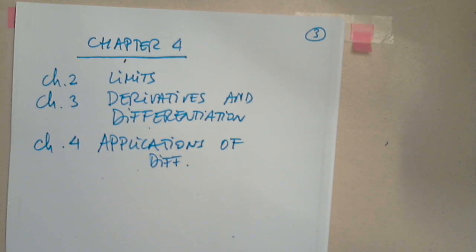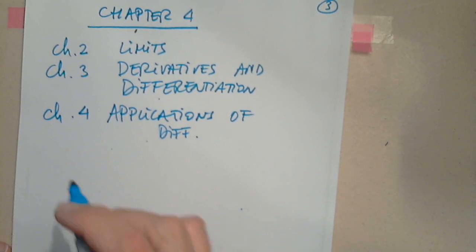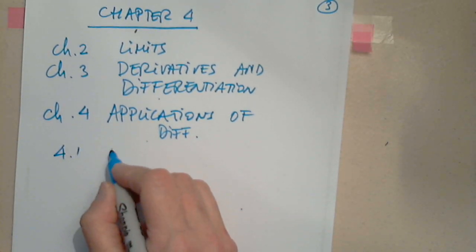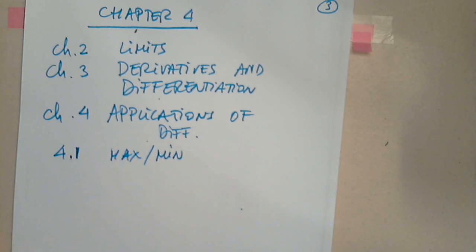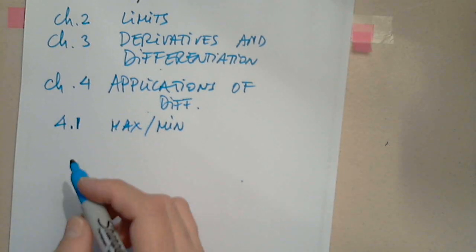Okay, our first step is to talk about what is called maximum and minimum, which we have discussed several times before, but there are some details to discuss here. Okay, so in 4.1 max min, let's take a look at the following function.